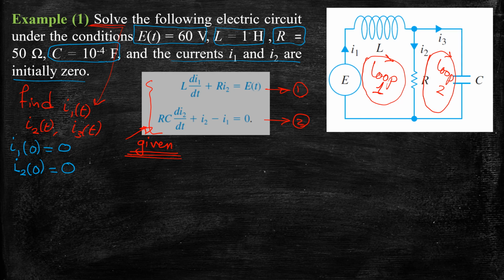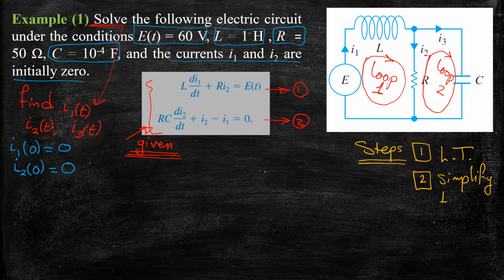This is what we mean by initially 0 for the currents, as an initial condition. So the first step, putting down the steps: first, you have to get the Laplace transform of the given equations. Second, after getting this, you simplify or solve the equations to get I1 or I2 as a function of s.